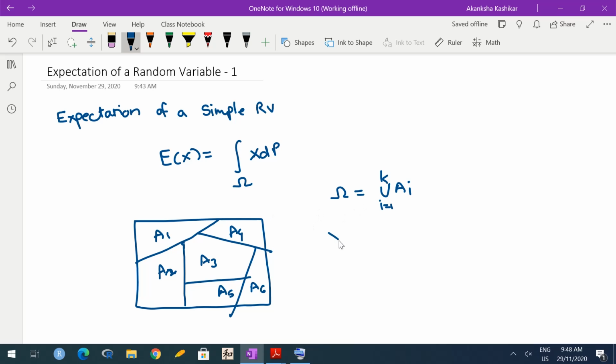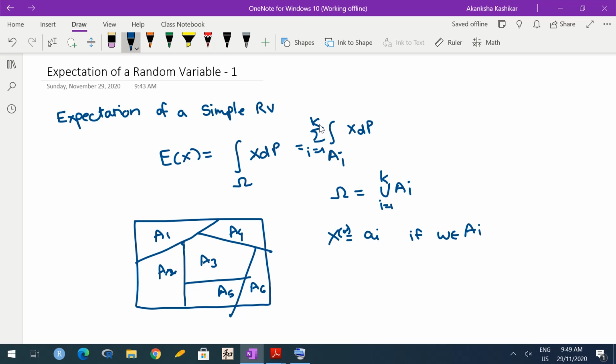And we know that X of omega is equal to a_i if omega is in capital A_i, right? So this integral can actually be written as the sum over i going from 1 to k of the integral over A_i of X dP. Can I do this?